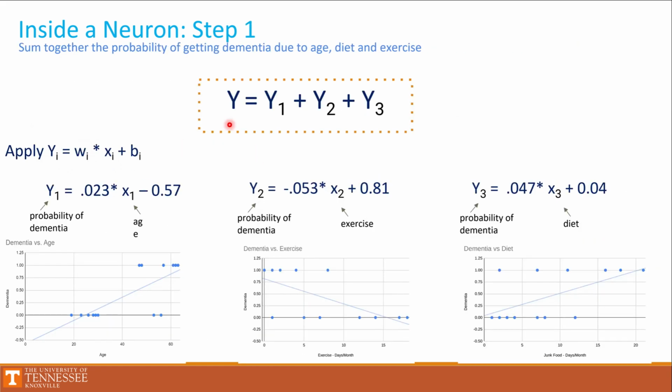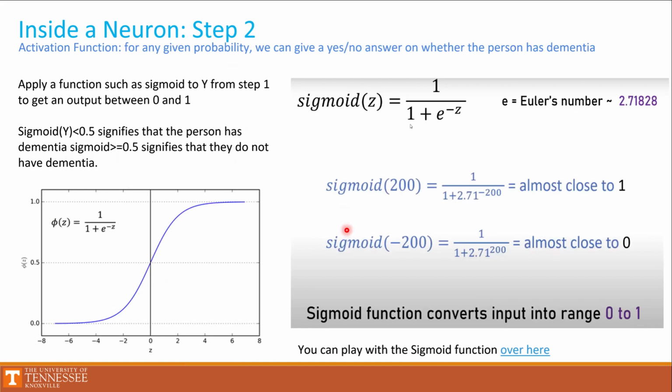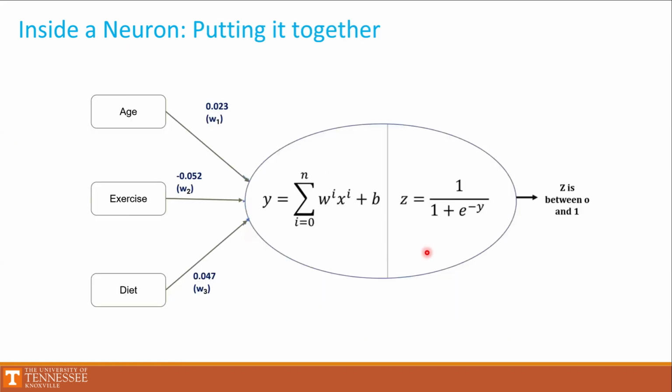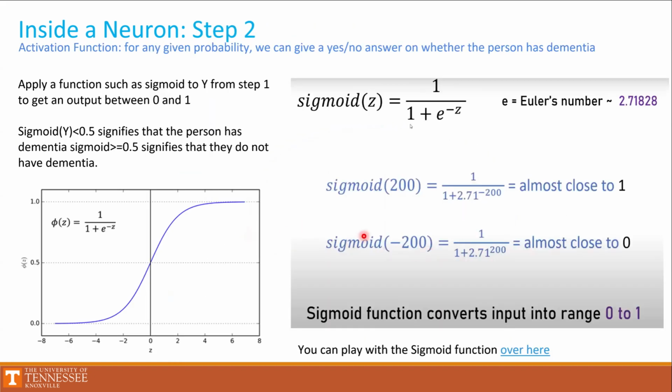So this is step one that was happening inside the neurons. And last time I did a calculator where I showed you how, inside a different neuron, when you have y equals -0.288 and y equals 0.402, I applied this into a sigmoid function and obtained those values, because I could not take my decision on a random function.